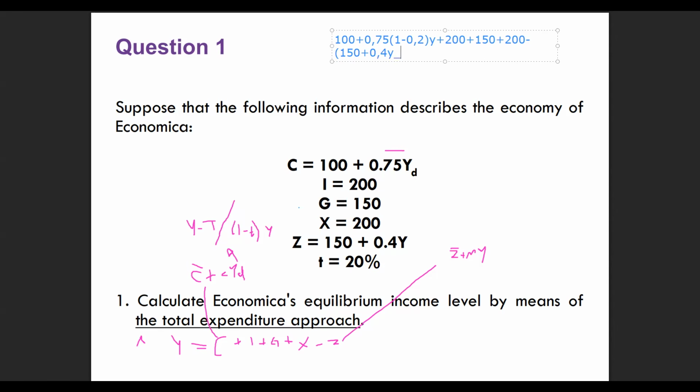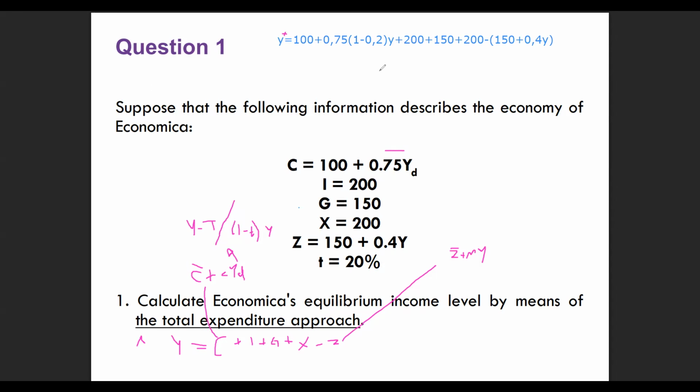Then you close your bracket. So this is what you have. I forgot to say Y equals to, and this is not just any Y, this is the equilibrium income, right? So it should be Y star, or you can say Y zero.